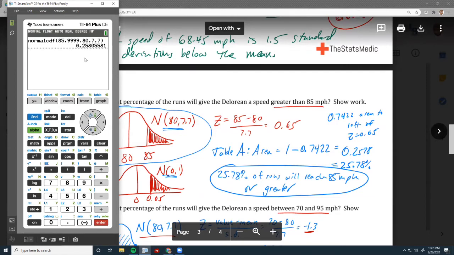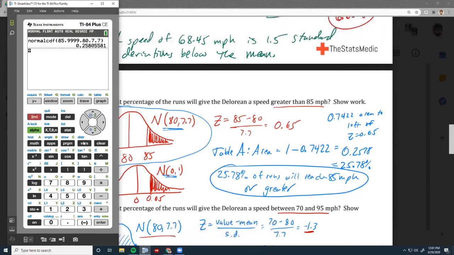There's going to be a little bit of rounding error and that kind of thing, so you will have some slight variations. If you want to be super fancy about it, you can go to this draw menu on the distribution, hit shade normal. You'll get 85 for your lower, 99 for your upper, 80 for your mean, and 7.7 for your standard deviation.